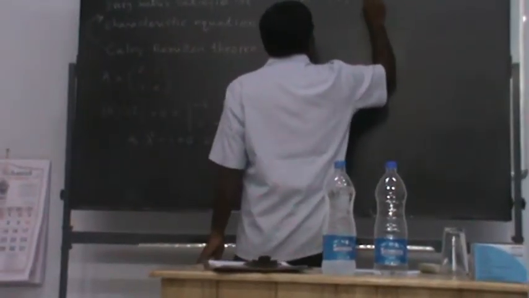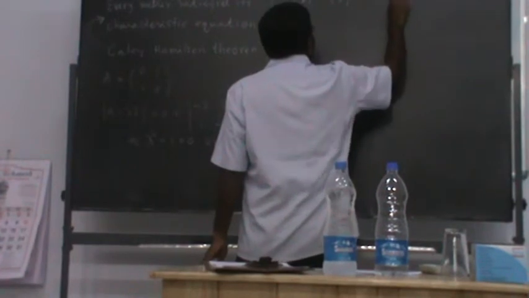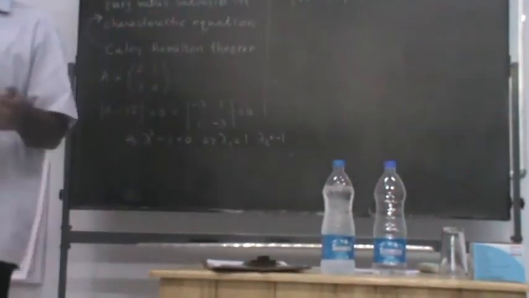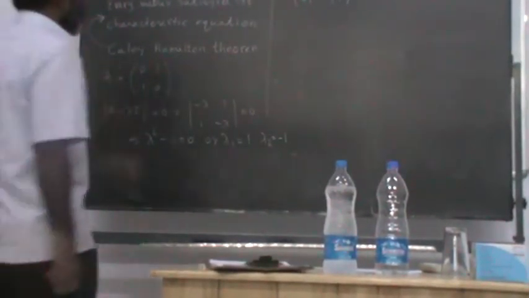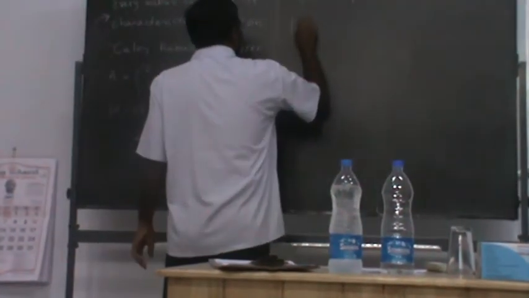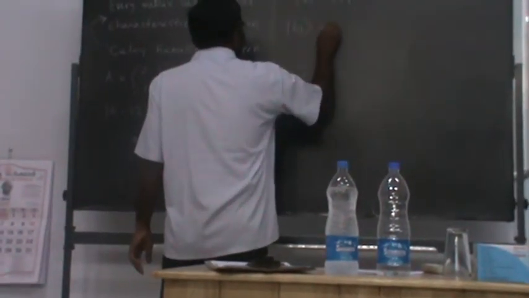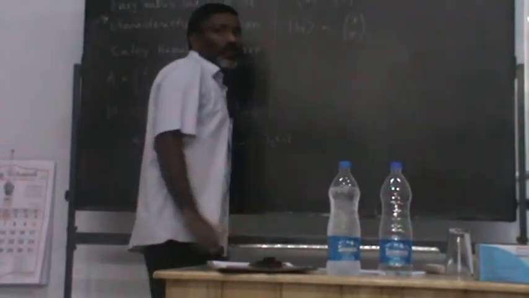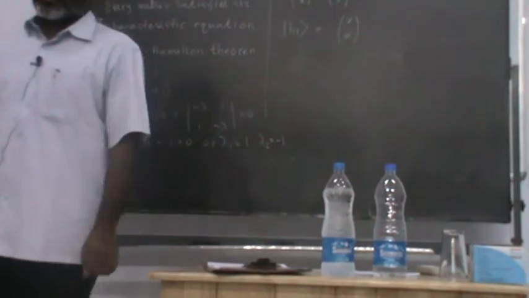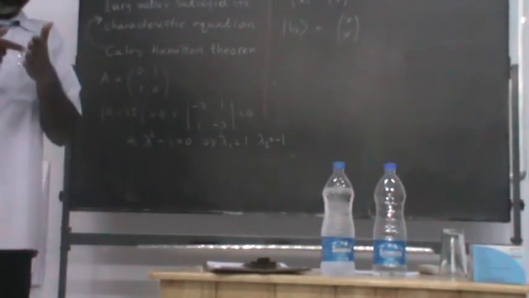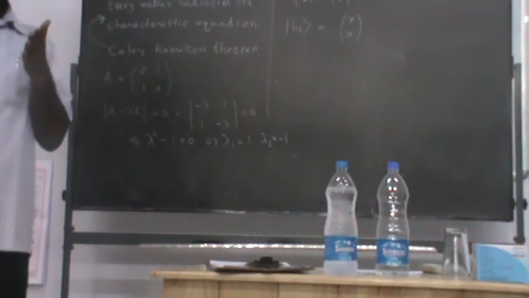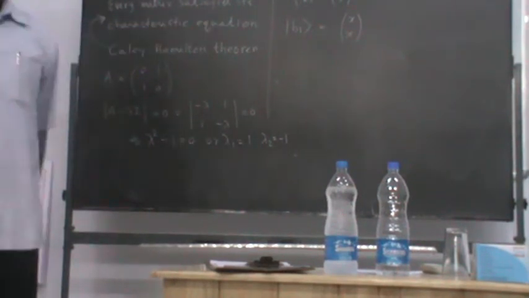This implies you will get x is equal to y. You cannot get a unique vector, you only get a relation between x and y. Which means this eigenvector b1 is (x, y) with y equal to x. Okay, this is the eigenvector, which means the direction is like a diagonal. (1, 1), (2, 2), (3, 3), (4, 4), any of them is an eigenvector for this.